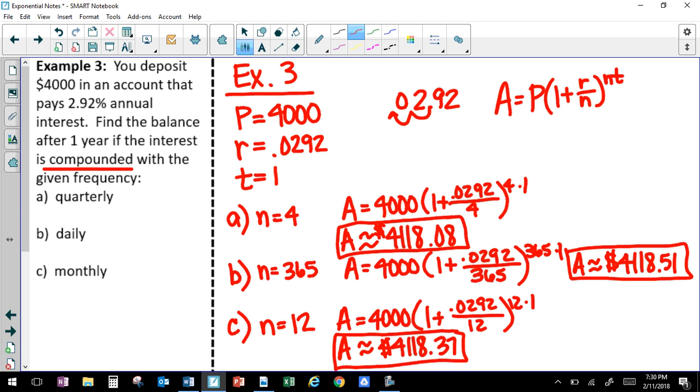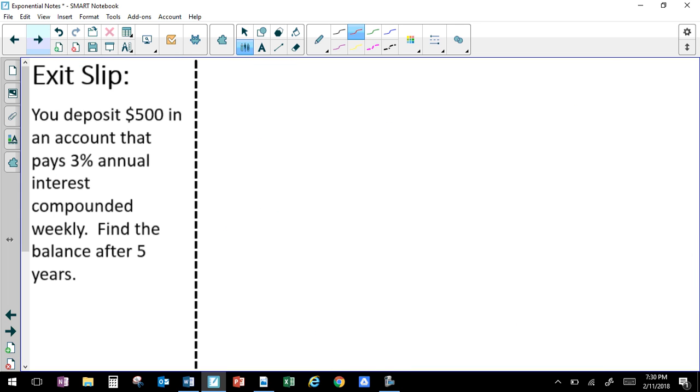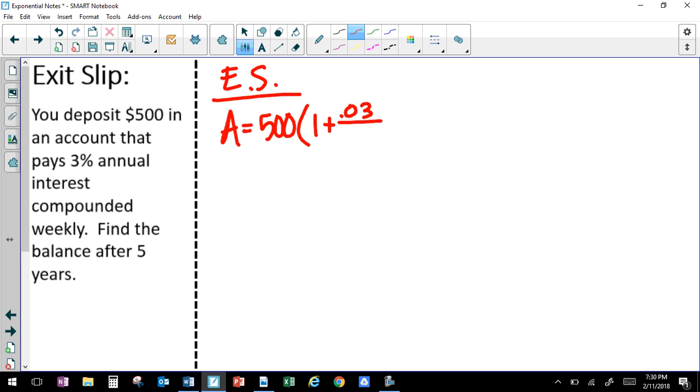Okay. All right. So exit slip. You try this one. So pause it, see if you can get this answer, and then unpause it to check. All right. So for the exit slip here, we're going to have A equals your principal amount, 500, times 1 plus your rate, 3%, is 0.03, divided by N, which it says it's compounded weekly.